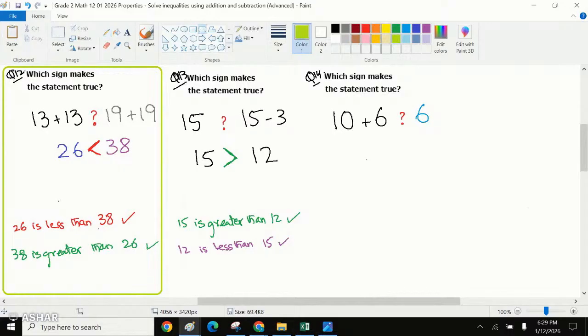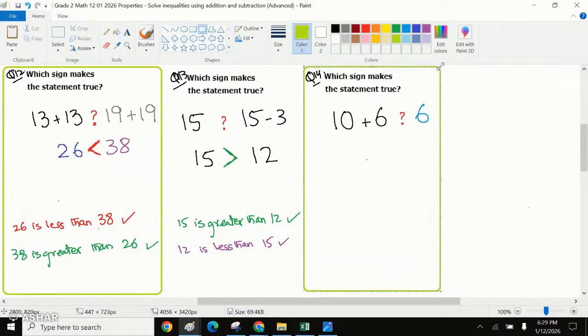What is 10 plus 6? 10 plus 6 can also be written as 16, and this would be 6.